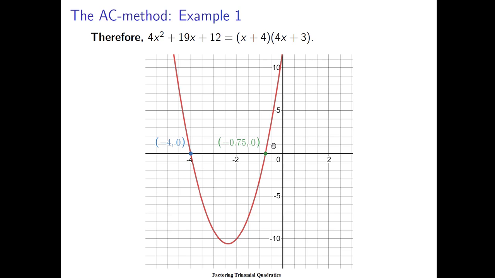And for the second one, it might be a little hard to see if it were labeled here, but since I've got this labeled, we can see this is negative 3/4. So negative 3/4 happens to be the 0 of the second factor. So this graph helps us check our work that we have indeed factored this quadratic.